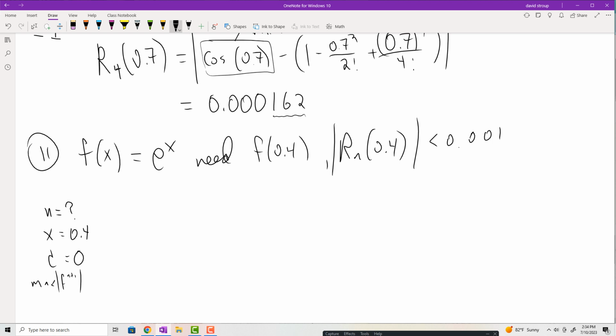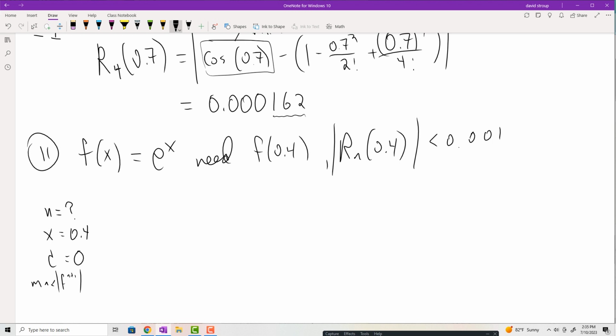It's just Maclaurin. You could determine that based off where you're approximating. If you were trying to figure out f of 20, you would not center it at 0. You would move it over to some familiar value close to 20. If we're approximating 0.4, you want to keep the x value close to 0.4. So 0 is the natural value for c.